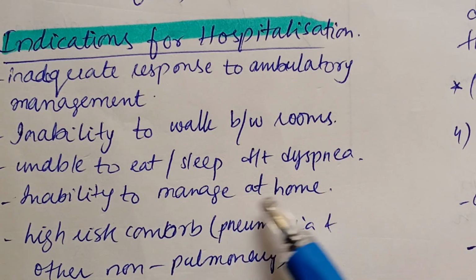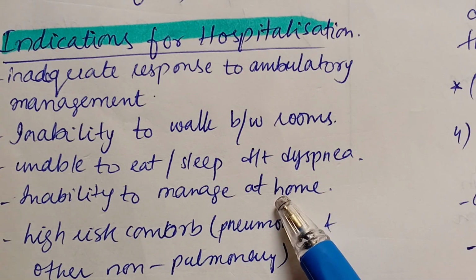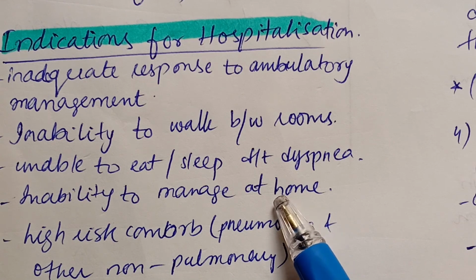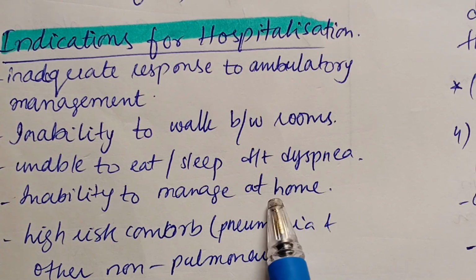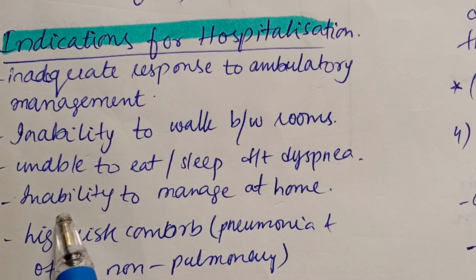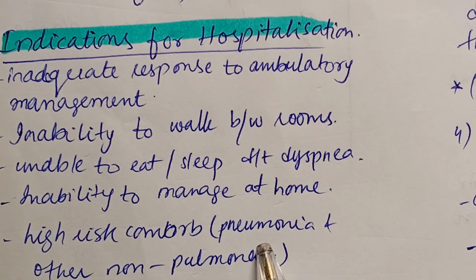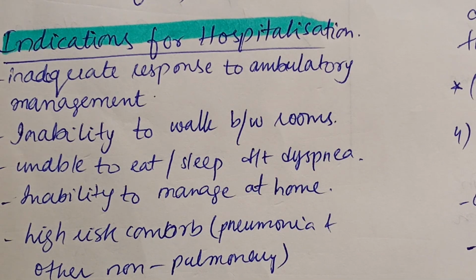Inability to manage at home: the patient has taken the short-acting bronchodilator, but it has not responded. High-risk comorbids, like the patient has pneumonia or other non-pulmonary causes which can worsen the condition of COPD, so it requires hospitalization.